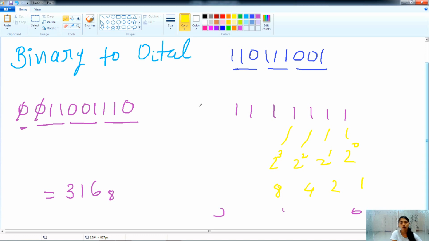But as an octal number has 8 as a base, remember this, it has 0, 1 to 7 numbers. So an octal number carries maximum 7 values, actually 7 number. So here 4 plus 2 plus 1 makes 7. So that's why we are making a group of 3 numbers in binary.